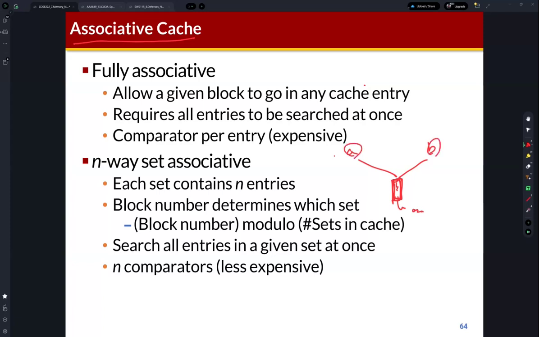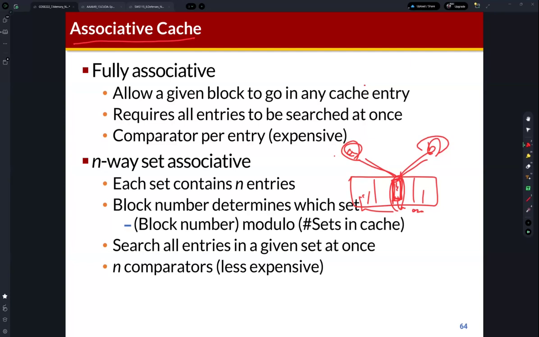For this conflict case, the cache performance can be degraded and the miss rate can be increased. Another problem is that cache space is not used efficiently. Even though the cache has empty blocks, because A and B are mapped to the same block, the empty spaces are not used. This is the disadvantage of direct mapped cache.